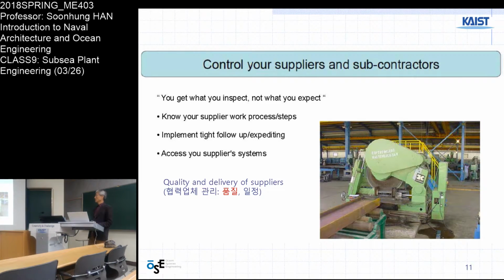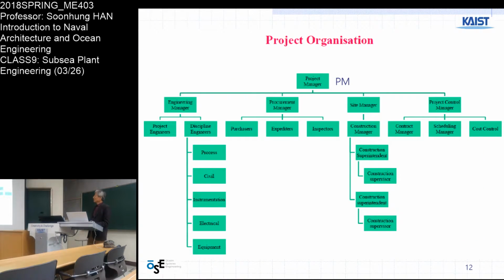So quality and delivery are very important in this complex system of management. Because it's a project management system and it's complex, there are many different domains: engineering manager, procurement manager, site manager, construction site, and also project control is important. So they have a support team only for project management.